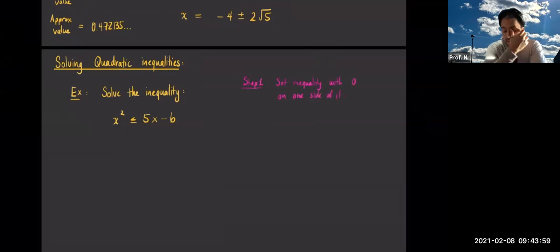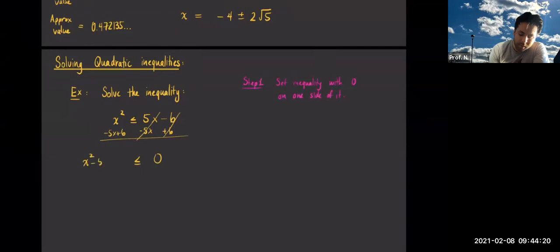We want to put everything on one side and leave the other side a 0. So we can subtract 5x on both sides, and we can add the 6 on both sides. When we do so, these cancel, leaving 0. And I'm left with x squared minus 5x plus 6.